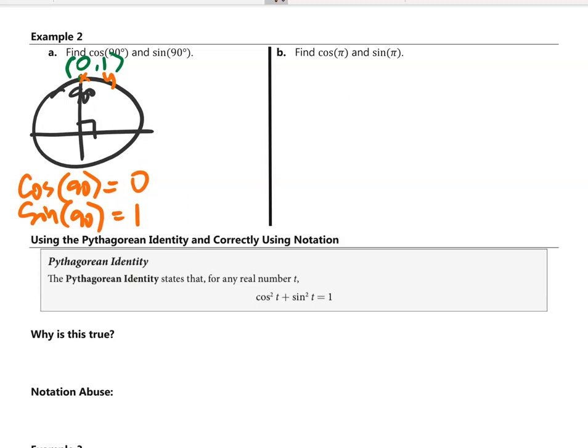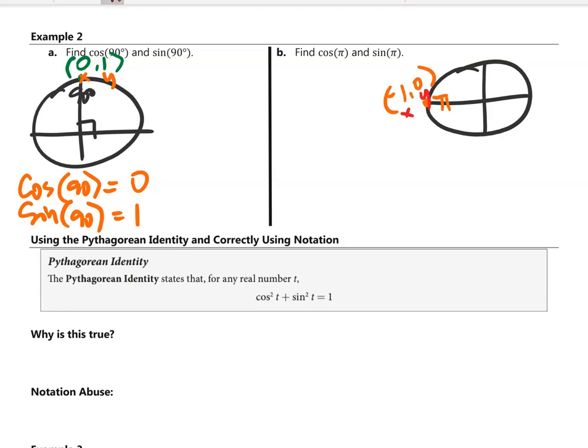Next is find cosine pi and sine pi. Where is pi? This is pi, and this point's coordinates are negative 1, 0, and this is our x and this is your y.